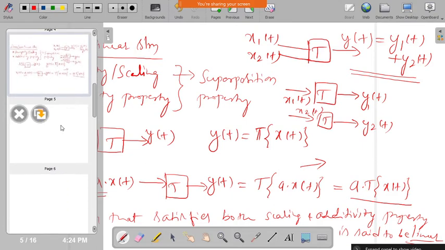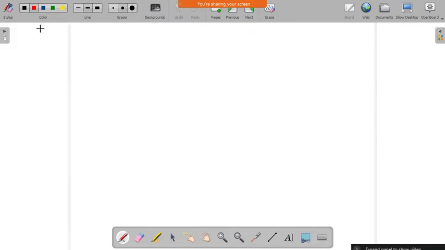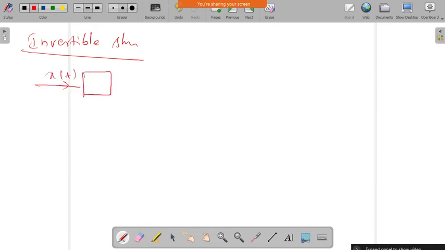Now the next property is the invertible system. If I give the input x of t to some system T, I get y of t.